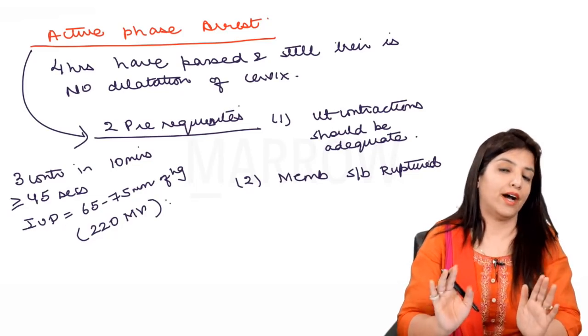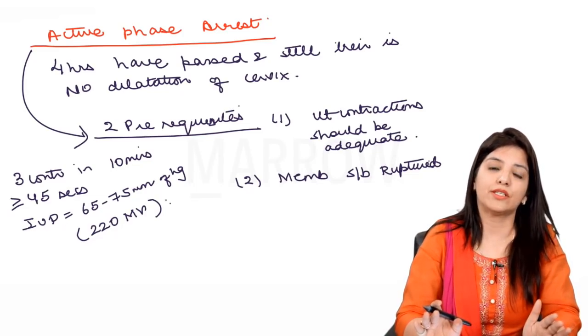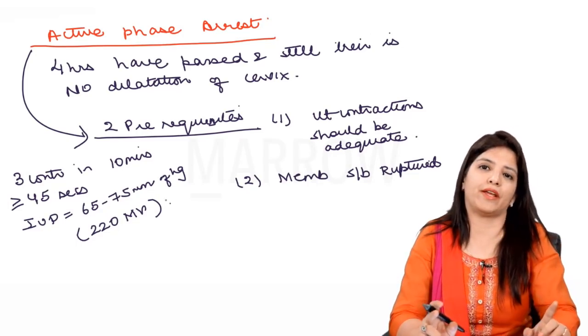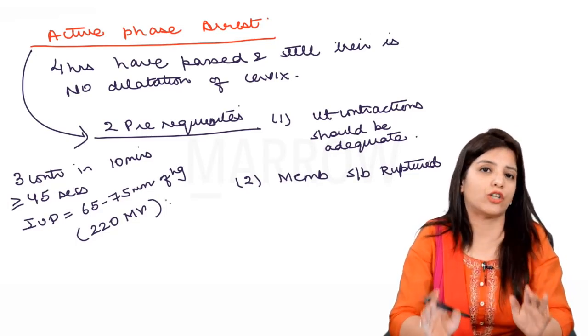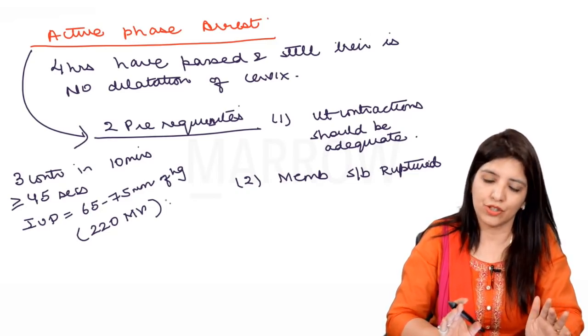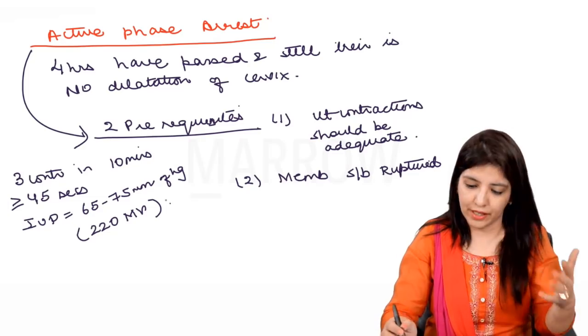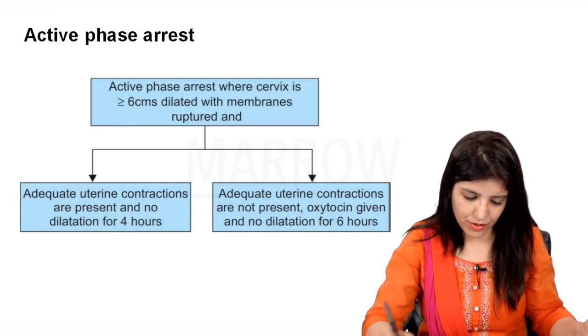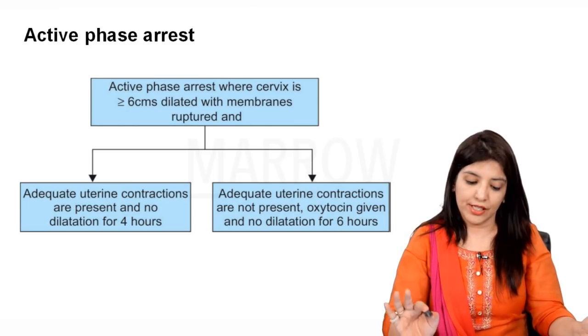Clear? And another very important prerequisite is that the membranes should be ruptured. Unless and until membranes are ruptured, you are not going to make a diagnosis of arrest. Clear to you? Now, so that it becomes a little clearer, I'll discuss 1 or 2 important questions. See here, I've written it again.